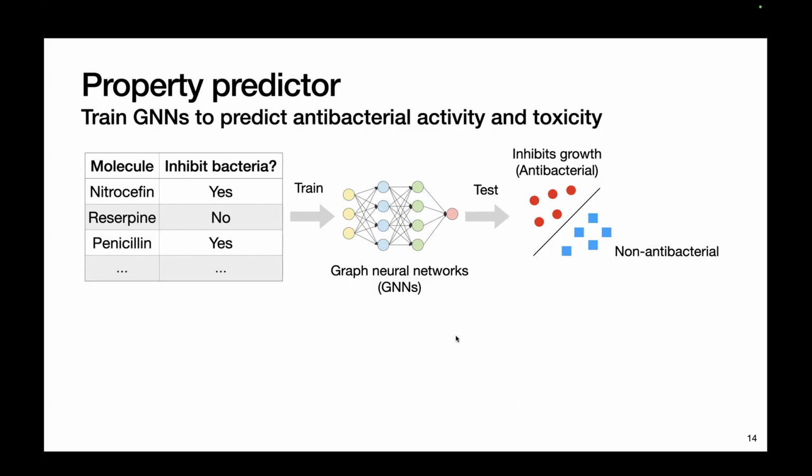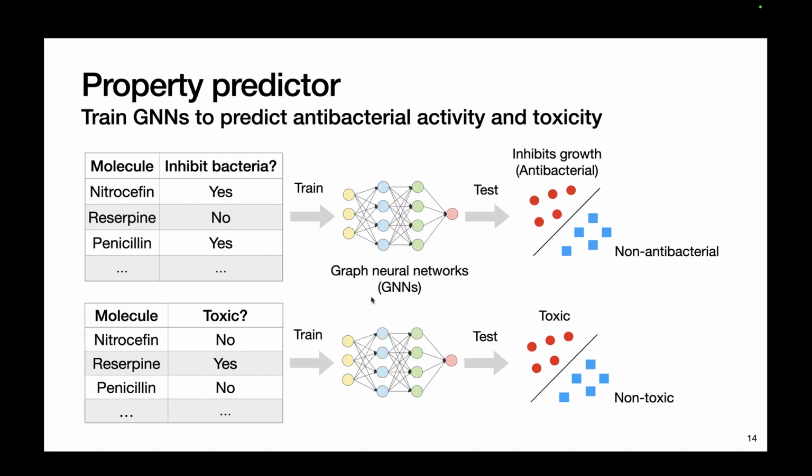We train this graph neural network to predict what kind of molecules will be antibacterial, right? We basically do this binary classification task where we have molecules labeled as positive and negative, and we teach the model. We train the model with tenfold cross validation and generate an ensemble model to predict the antibacterial property of any new molecules.